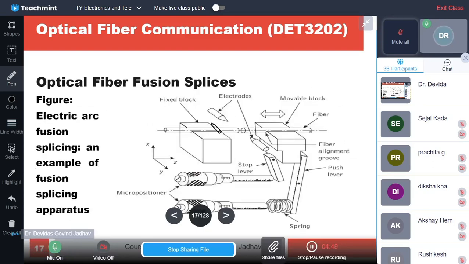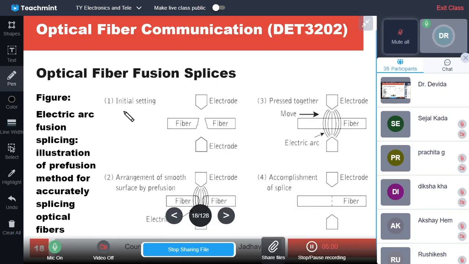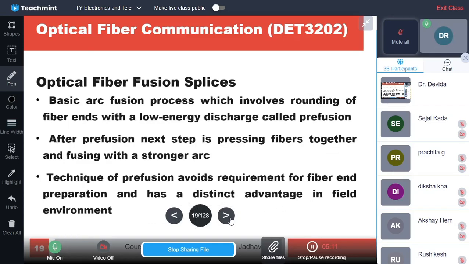So this is the fixed block, movable block, V-groove, electrical electrodes. Then macro positioners are there to have the fusion splicing, and there are 4 steps: initial setting, arrangement of the smooth surface by pre-fusion, then applying the heat arc, then accomplishing the splice.